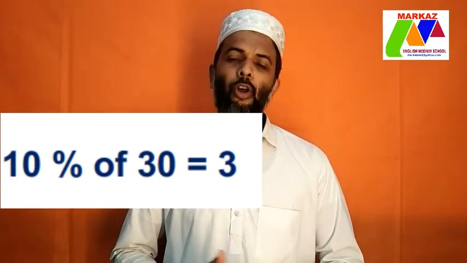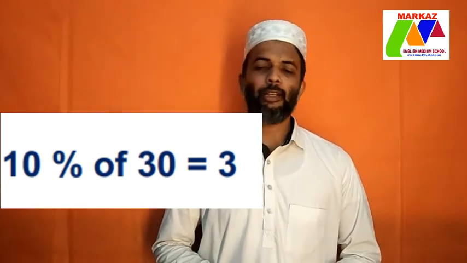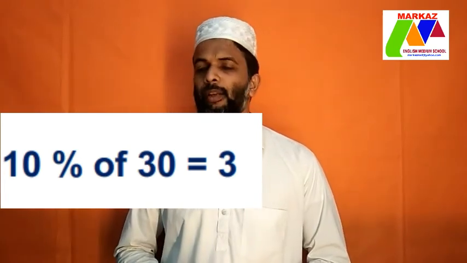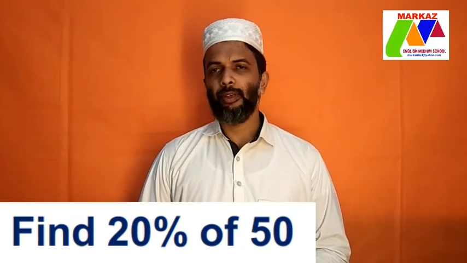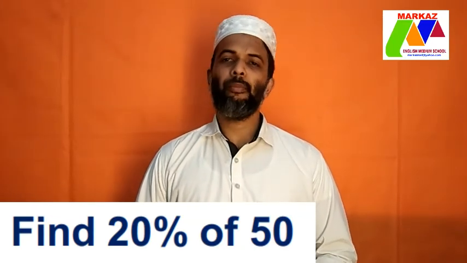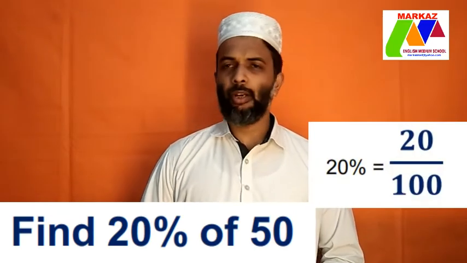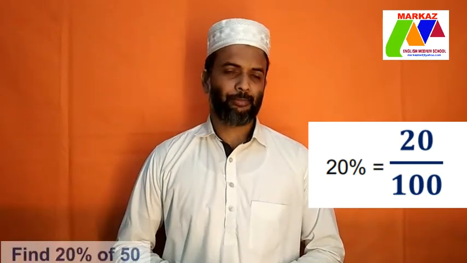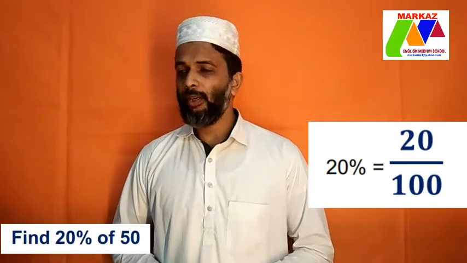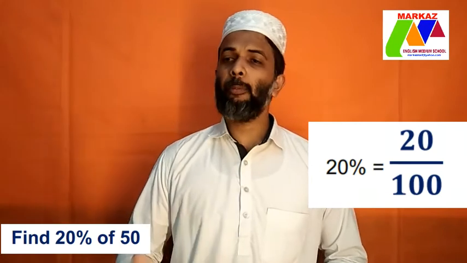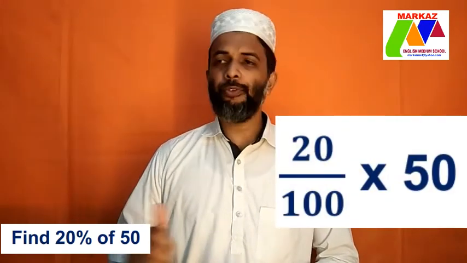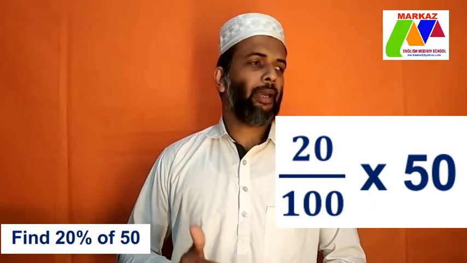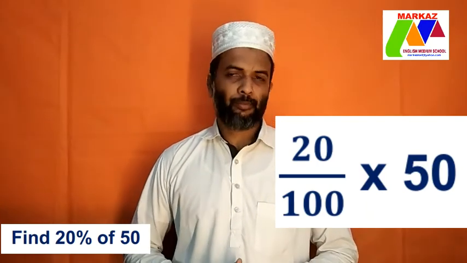Okay. For better understanding, let us do some examples. Write your second question. Find 20% of 50. Write step by step. 20% is equal to 20 by 100. 20% of 50 means multiply with 50. 20 by 100 into 50.